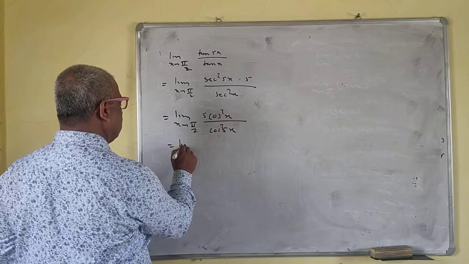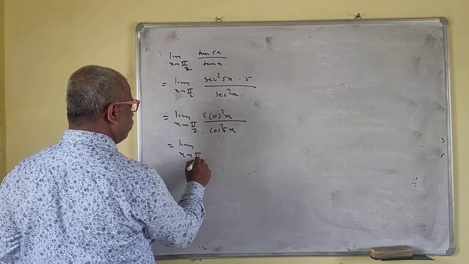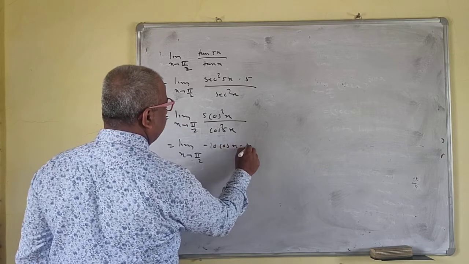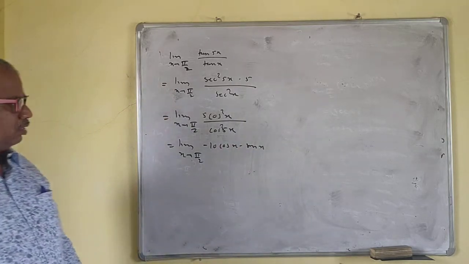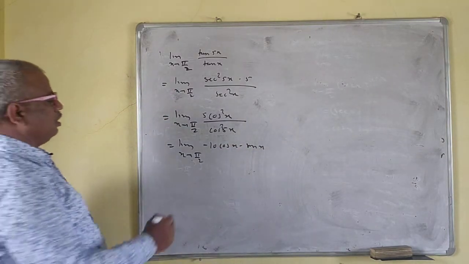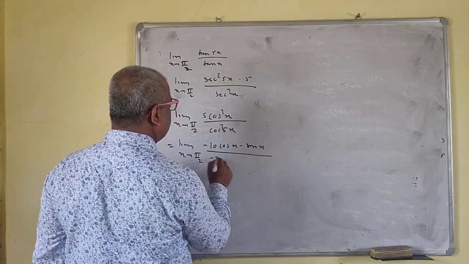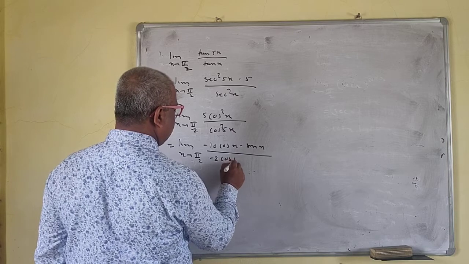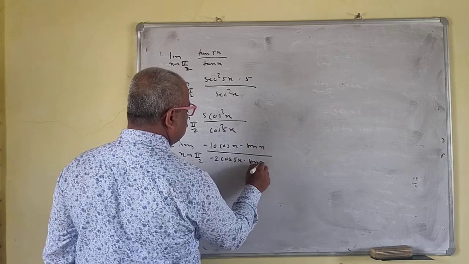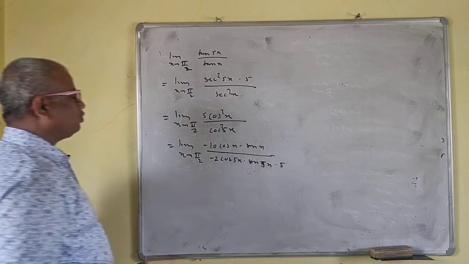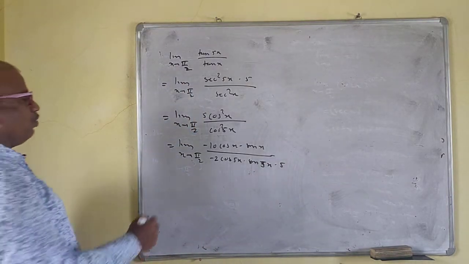We differentiate this. Limit x tends to pi by 2, this is 10 minus 10 cos x into sin x, because of the derivative of cos, upon 2 minus 2 cos 5x into sin 5x into 5 into 5. Now we can simplify this.